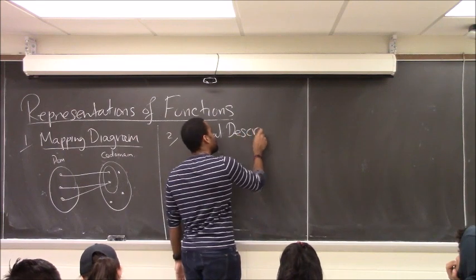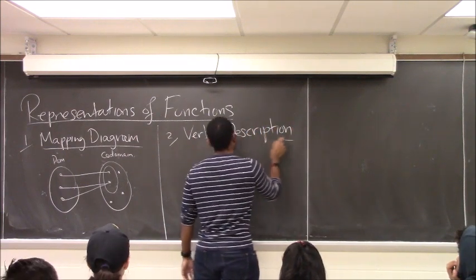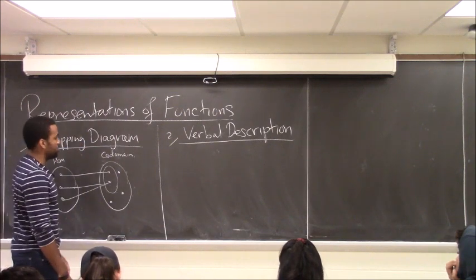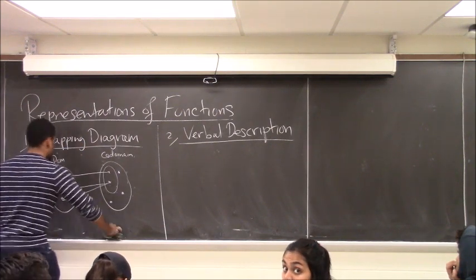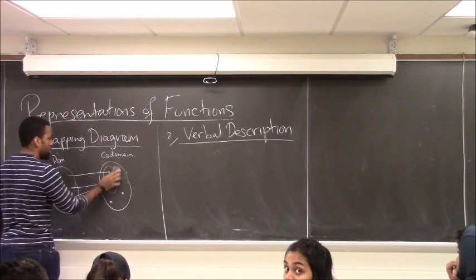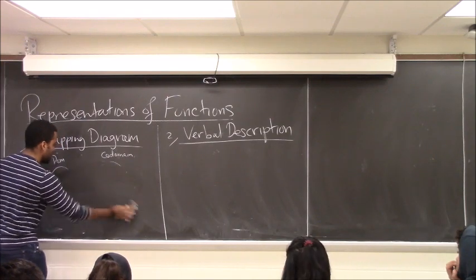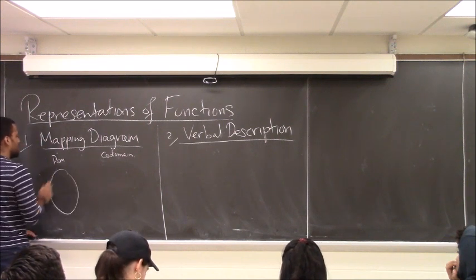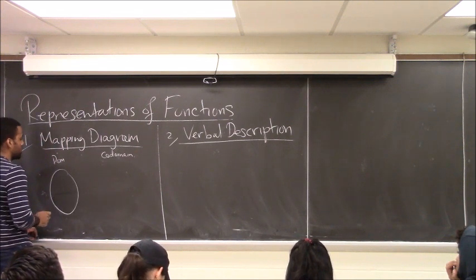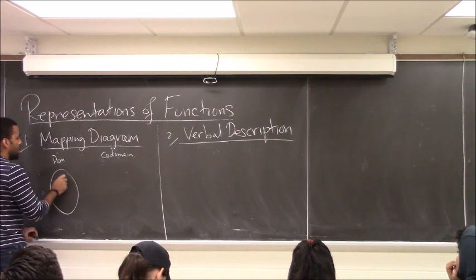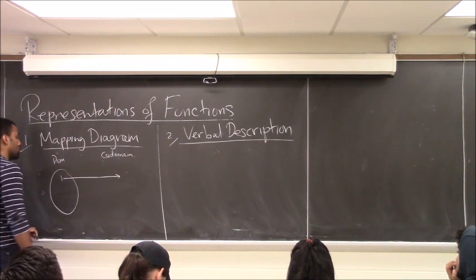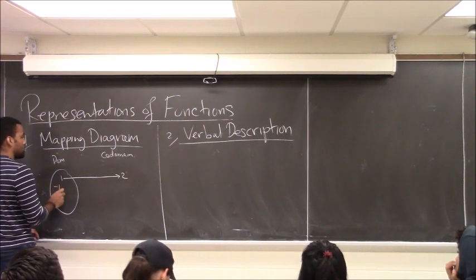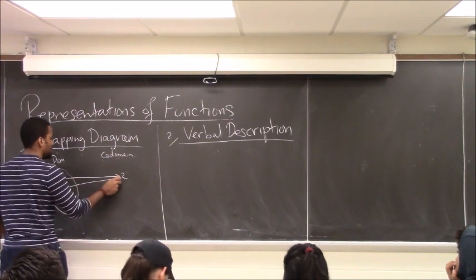Technically, whenever you are solving a word problem or something like that, you're using a verbal description. So let's make something a little more specific. You can draw this under the old mapping diagram. Let's say I had some function where it takes 1 and connects it to 2. It takes -1 and also connects it to 2.